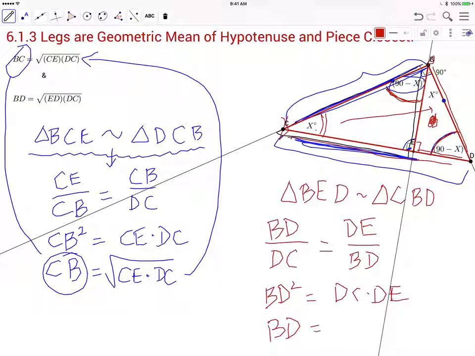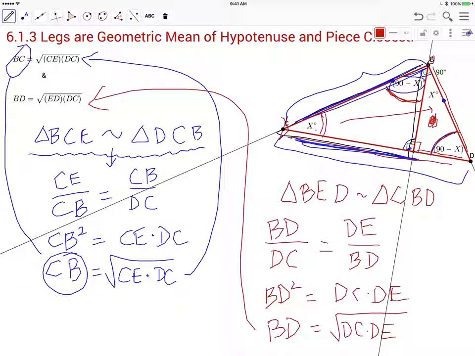BD is equal to the square root of DC times DE. I need to check that this is matching right here, and I think it does. I've just switched up DE and DC. Looks fine. Okay, everything else looks fine. Hopefully that makes sense. We are dealing with medium similar to large, and then we are dealing with small similar to large.